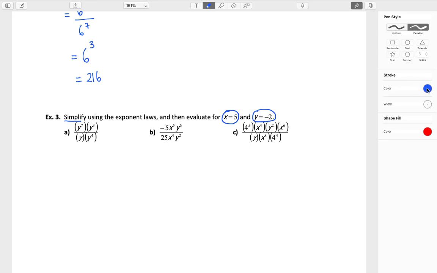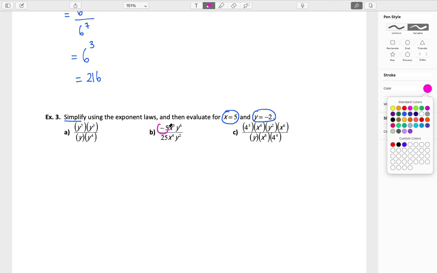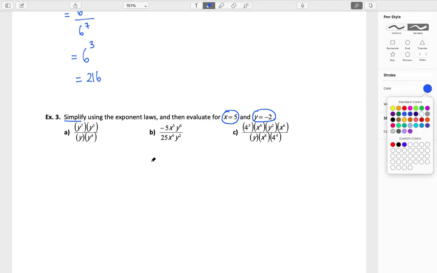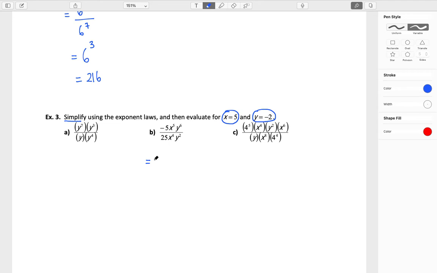So simplify the coefficient first. It looks like my coefficient is -5 here and 25. So -5 divided by 25 is going to be -1/5. Right? I divided both top and bottom by 5.